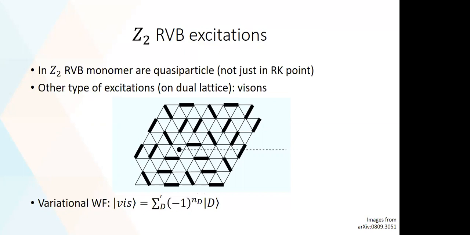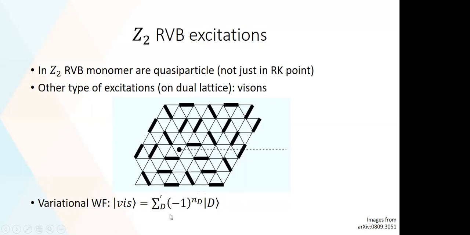What is this? I'm trying to see what is a sharp definition of this. So at the RK point, you'll find this form of the wave function, where the quasi-particle lives on the dual lattice, and it has a line extending out of it.